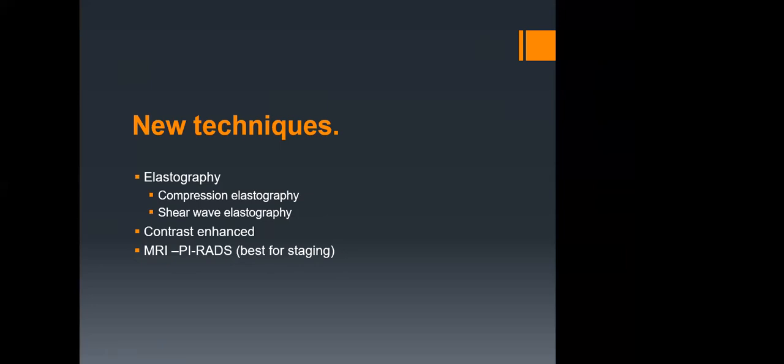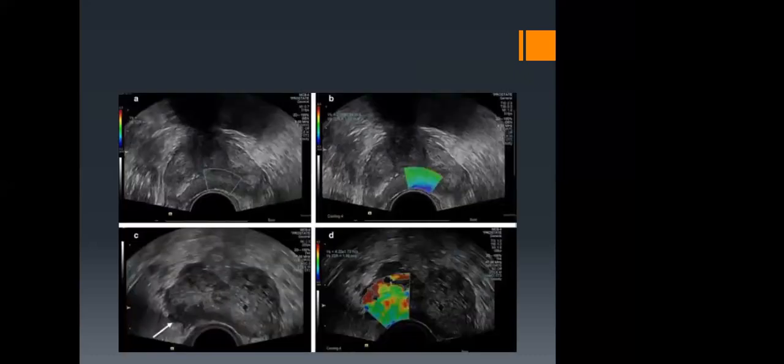And MRI we know has good tissue delineation. But I must say, new technologies or new machines are coming that have an equally good sensitivity to discerning soft tissue densities. But as of now, if you're able to access MRI, you can do your staging there.